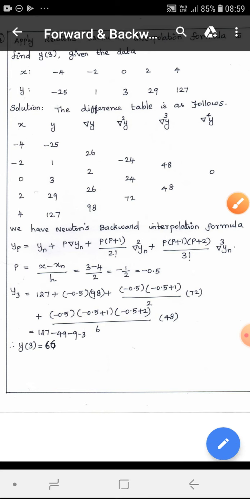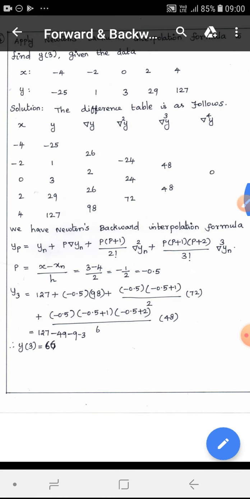Write the formula, the Newton's backward difference interpolation formula: y equals yn plus p into del yn plus p into p plus 1 by 2 factorial into del square yn plus p into p plus 1 into p plus 2 divided by 3 factorial into del cube yn. You need not consider the term containing del power 4 yn since the value of that is 0.